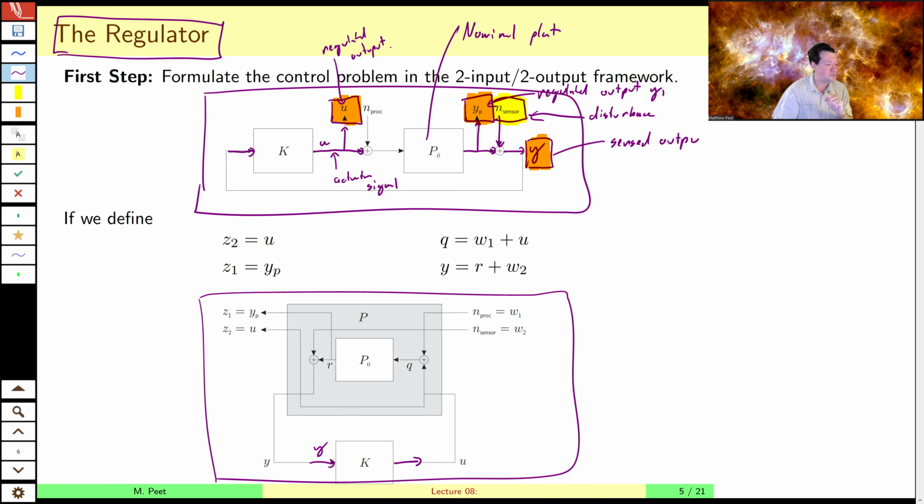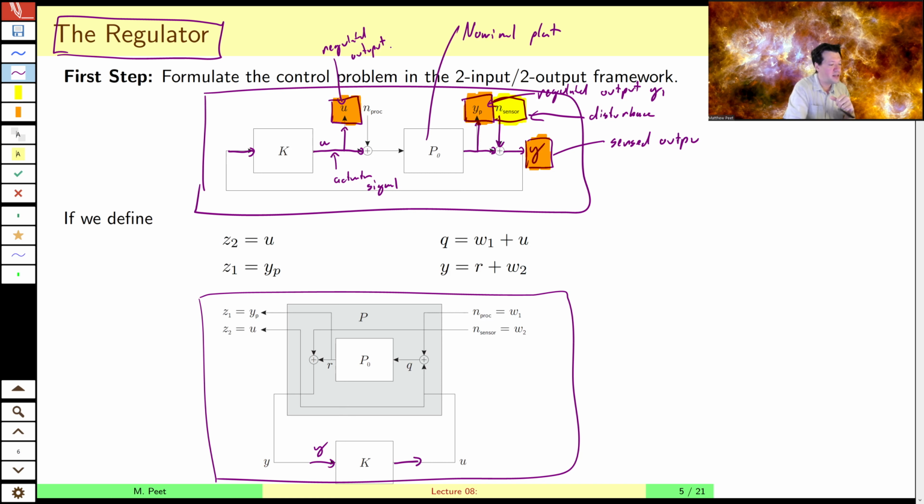So almost always in the optimal control framework, or in any control framework, you should try to minimize the size of your actuator signal. The way we do that is by including the signal going to the actuator in our regulated outputs.